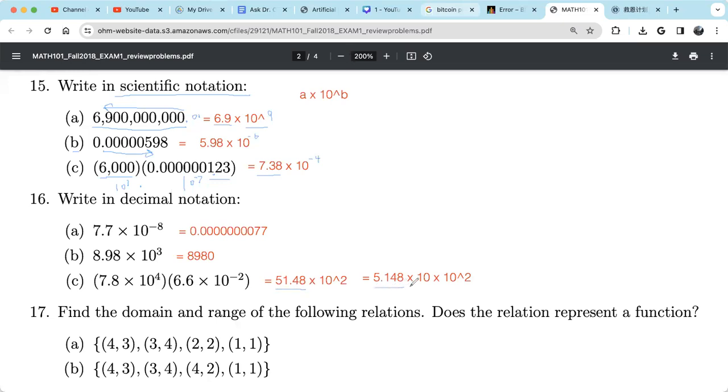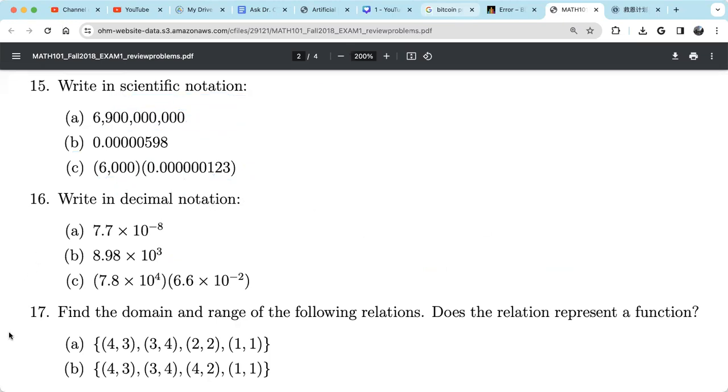Well, 10 is 10 raised by 1. So 10 raised by 1 times 10 raised by 2 becomes 10 raised by 3. So we have 5.148 multiplied by 10 raised by 3. Okay, so answer C is 5.148 times 10 raised by 3.